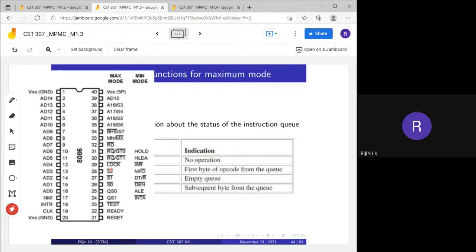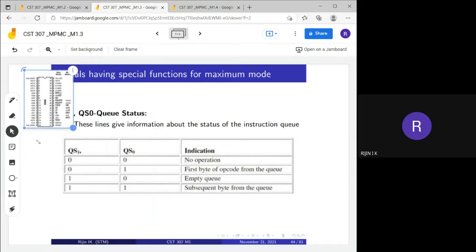So these are the signals present in the maximum mode operation of the 8086 microprocessor. We can discuss each pin in detail.